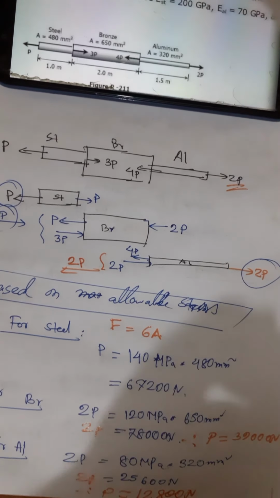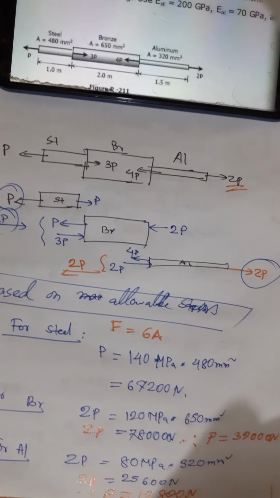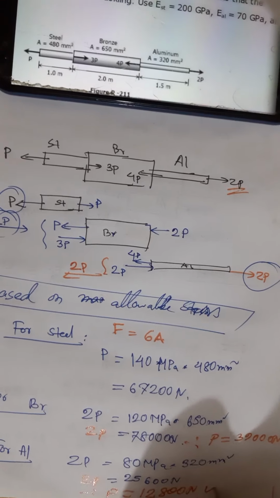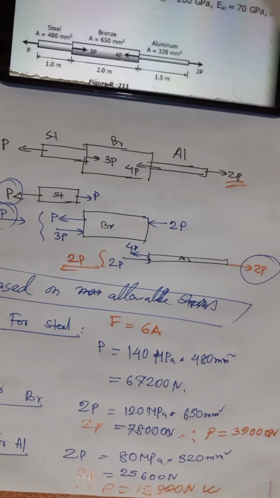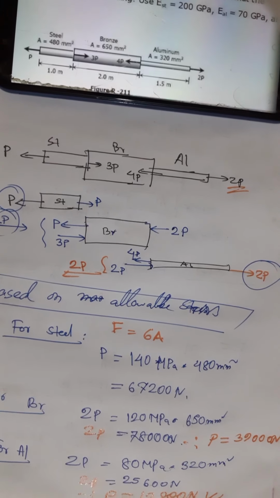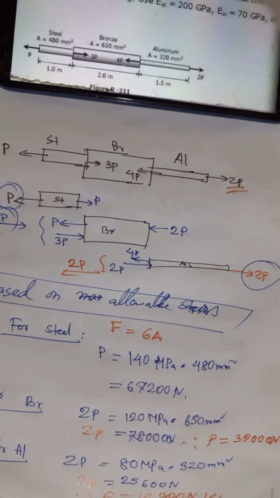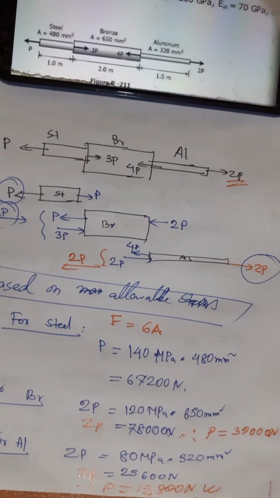So based on allowable stress, the maximum value of P is 12,800 Newtons. This is because if the P value exceeds 12,800 Newton, then the stress in the aluminum will be more than 80 megapascal, which we cannot exceed.